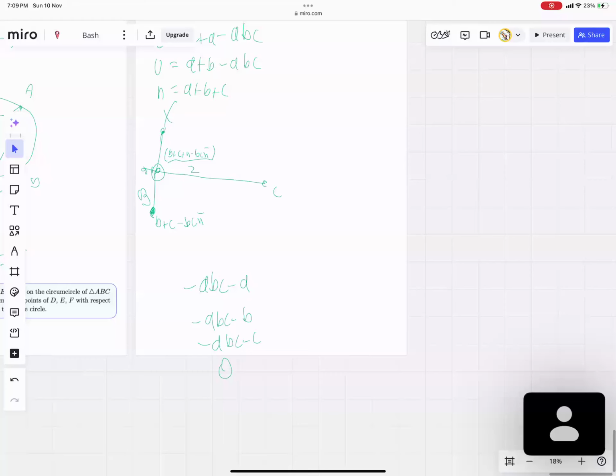And we can negate to get that we're going to prove that ABC plus A, ABC plus B, ABC plus C and 0 are concyclic. Is this fine?